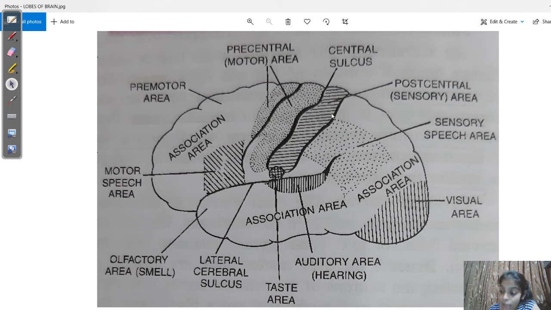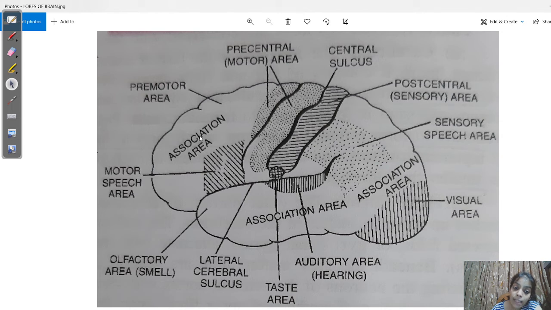The post-central sensory area, which is in the parietal lobe, controls touch, pain, pressure. So the precentral area is a part of the frontal lobe, and this post-central sensory area is a part of the parietal lobe. It interprets tactile impulses. Tactile means touch, pain, pressure impulses.